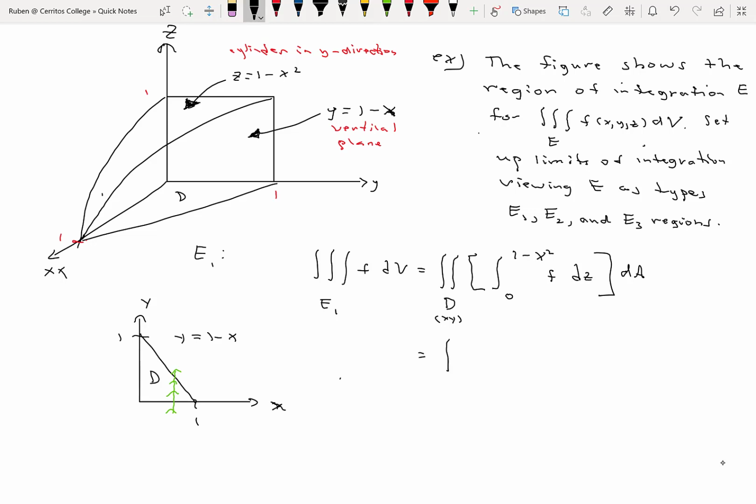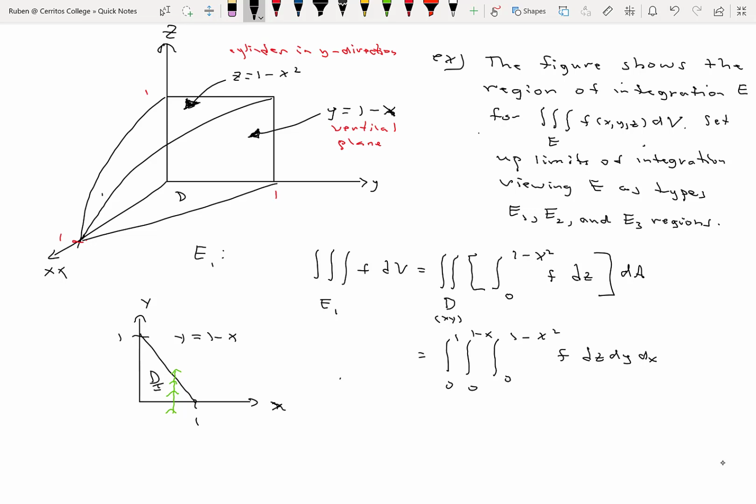The outer integrals then become, let's put on our innermost integral, the integral from 0 to 1 minus x squared f dz. Since we're interpreting this as a type 1 region, we integrate dy dx. Y varies from 0, look at the little green line, to 1 minus x, and the x values vary from 0 to 1.